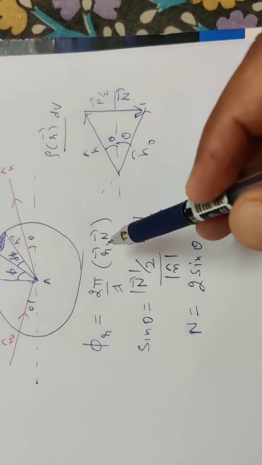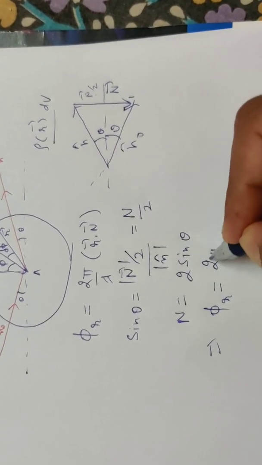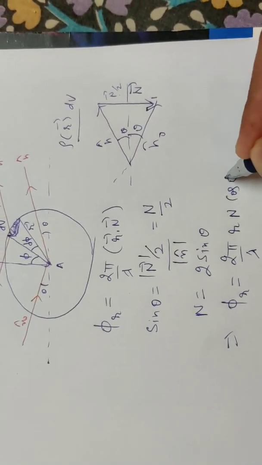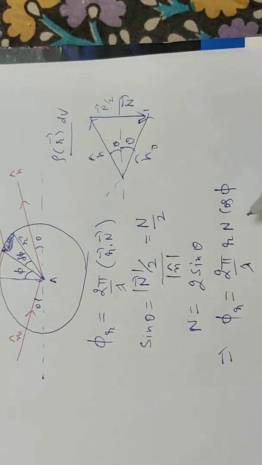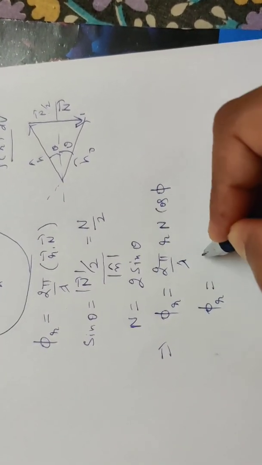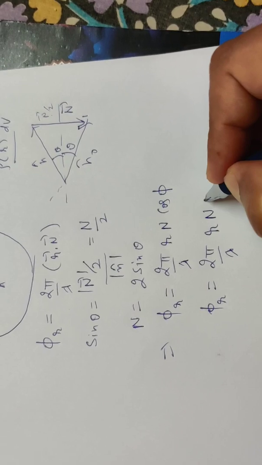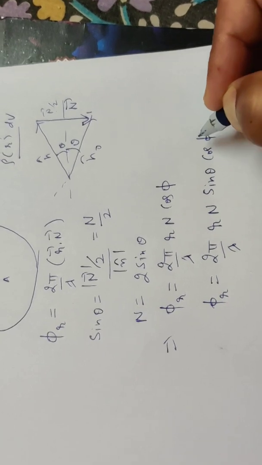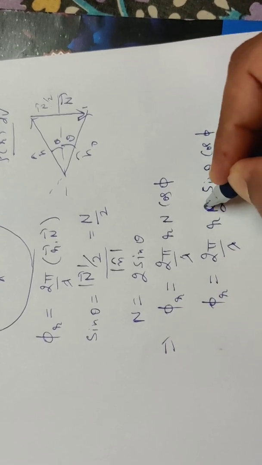Now I can write this equation as phi r equals 2 pi upon lambda into r n cos phi. This is r, this is n, and the angle between them is phi, so this is r n cos phi. Now put the value of n into this equation: n is equal to 2 sin theta.